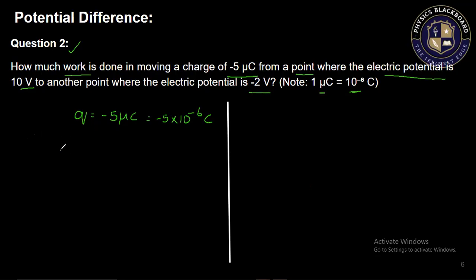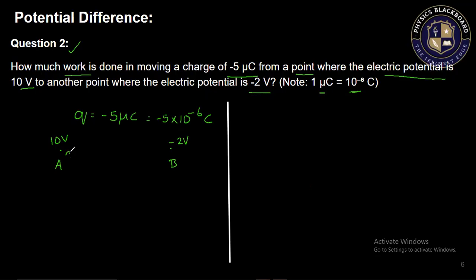And we have two electric potentials that they have given. Let's say this is point A and this is point B. Initially, what is the potential at point A? The electric potential at point A is 10 volts. The electric potential at point B is -2 volts.